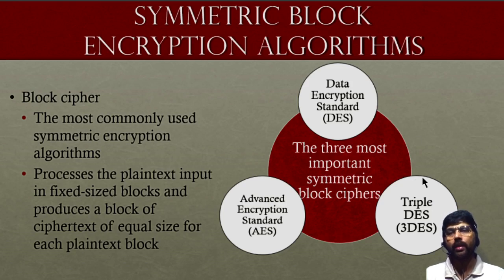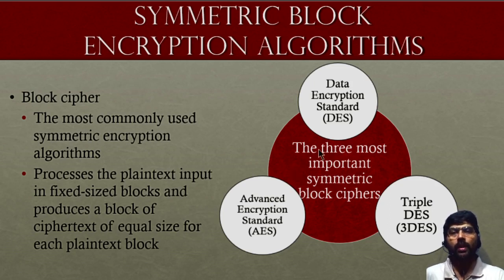They process the plain text input in fixed-size blocks and produce a block of ciphertext of equal size for each plain block. These techniques take in blocks of bits and process them. After processing, they create a ciphertext of equal block size.